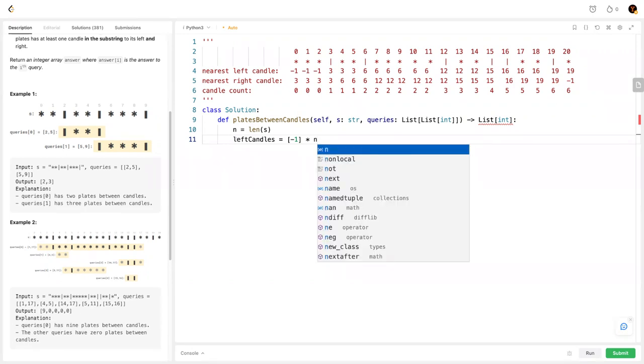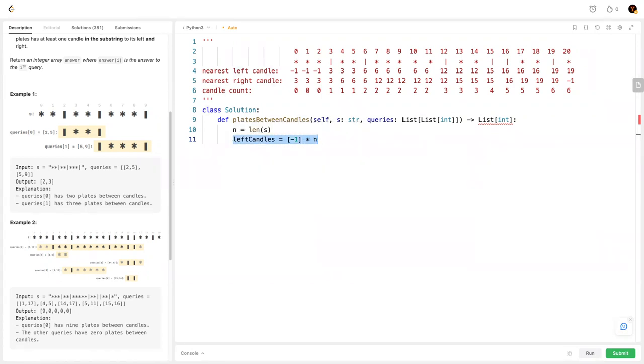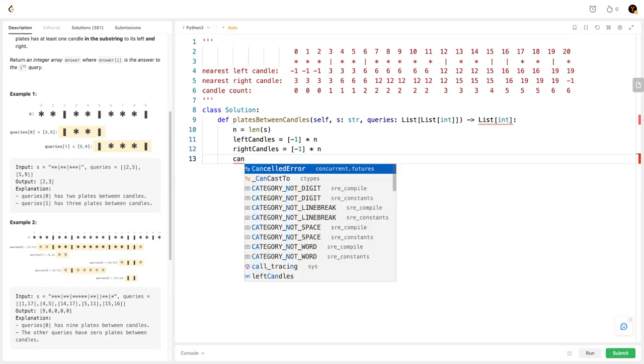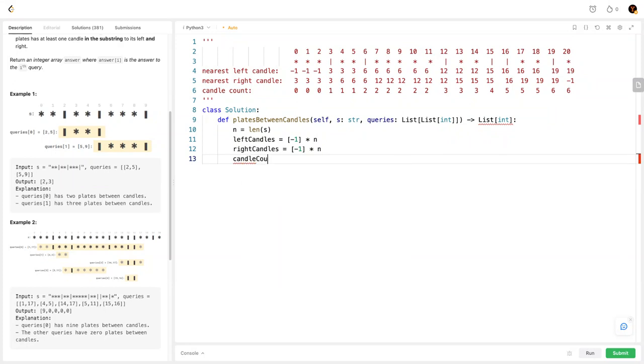And the same for right candles. This will hold the value for this array, where for each position, it holds the closest right candle for that position. And then we have a candle count, and initialize it to 0.